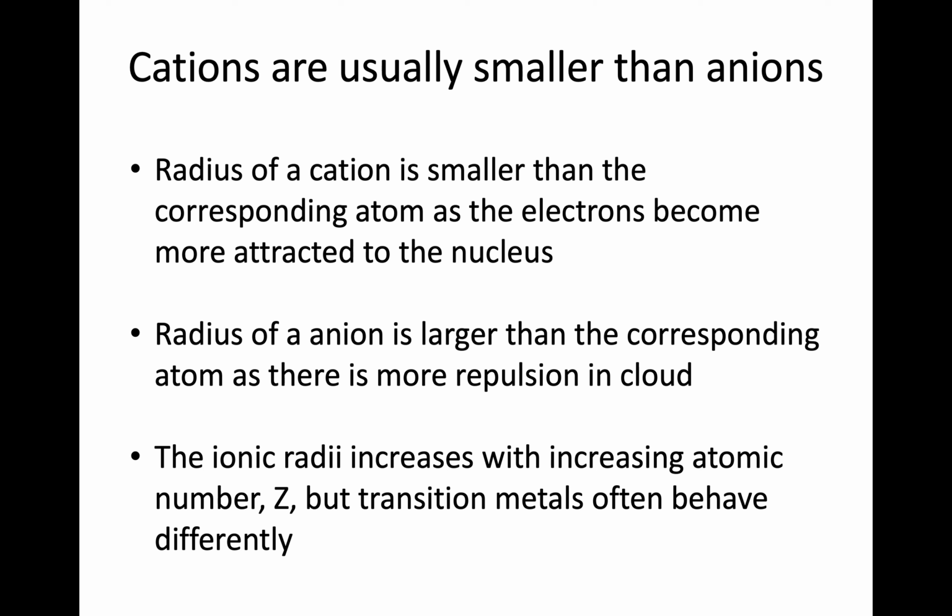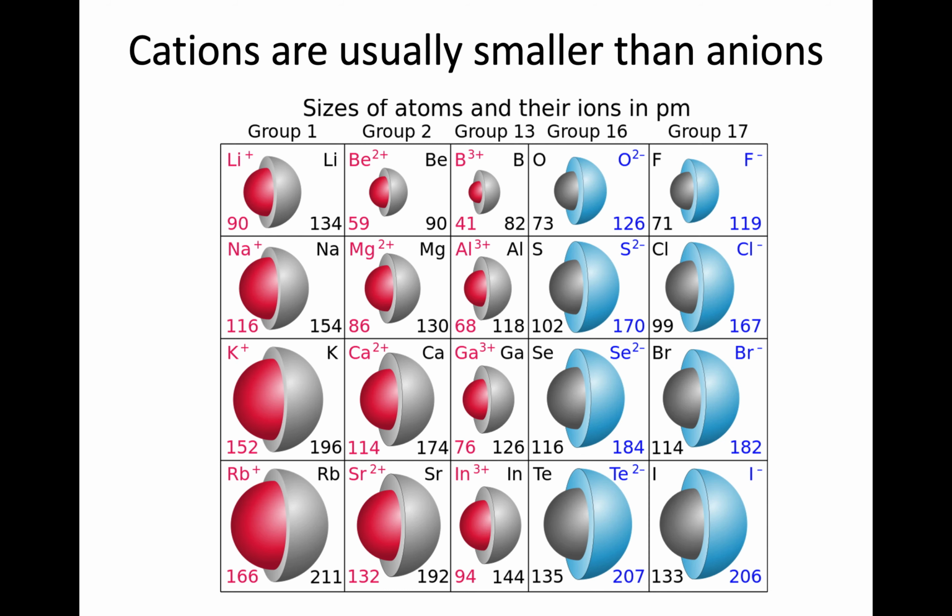The radius of the anion is larger because we've added electrons, and that becomes more repulsion in the cloud. The radius increases with increasing atomic number, the Z number that we sometimes refer to. But if you look in the middle of the periodic table with those transition metals, those often behave differently. If you look at the periodic table, you might see some differences there.